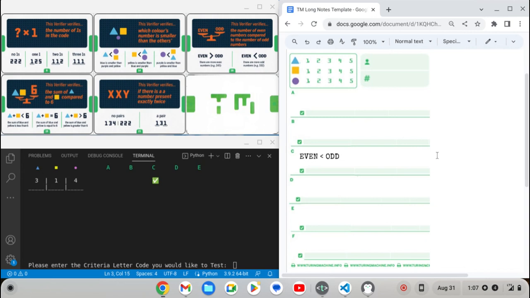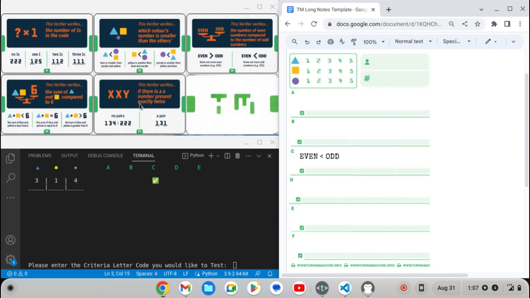And because we know that there are less even than odds, there are 2 scenarios. One where we have exactly 2 odds and an even, or it could be that all 3 are odd and there are no evens. So the next thing I'd like to test is whether there's a pair or not.